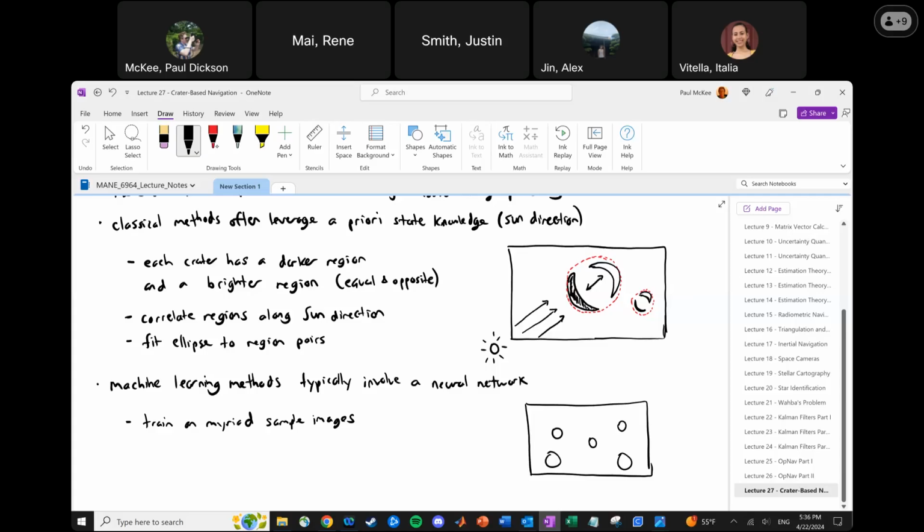And then what you do is you train a neural net to go, yep, that's a crater, that's a crater, that's a crater. Maybe it finds this one. Maybe it misses this one and it finds a complete dud. So you're going to get some false positives and false negatives. The problem is coming up with training images is hard.